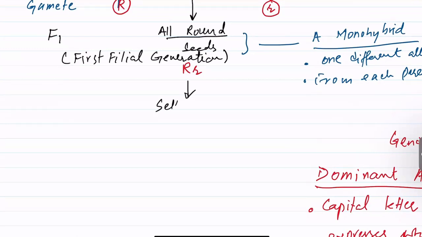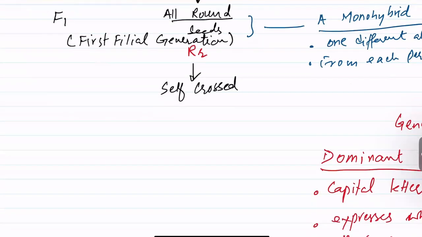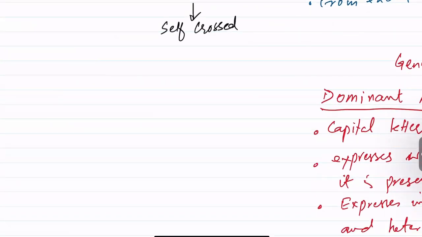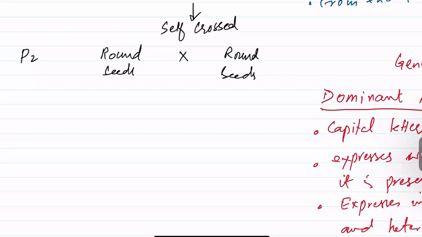Now, if this round is self-crossed or self-pollinated, the offsprings produced will be F2. So let's see, this is P2, we have round seeds cross-pollinated with round seeds, as it is the F1 being self-crossed, which is monohybrid.